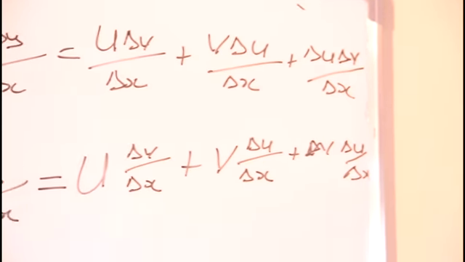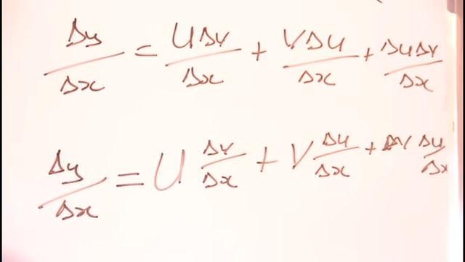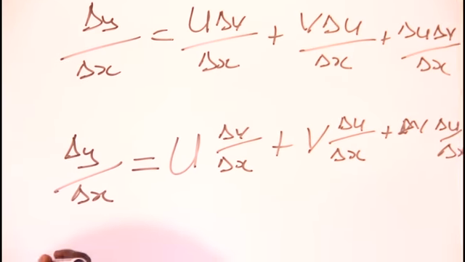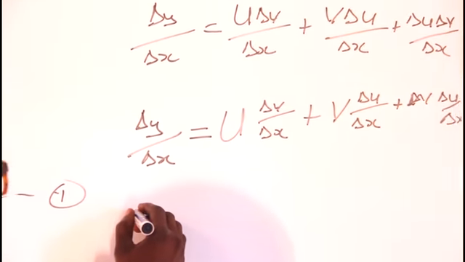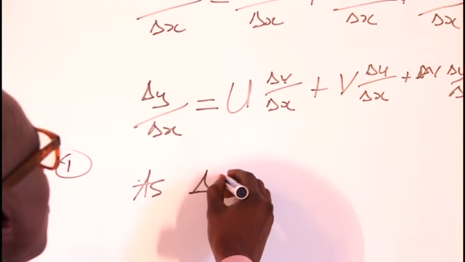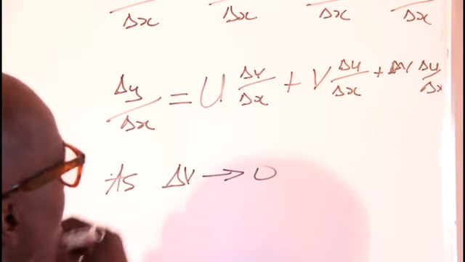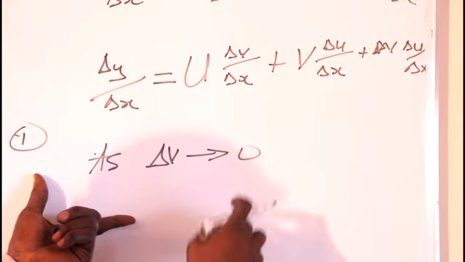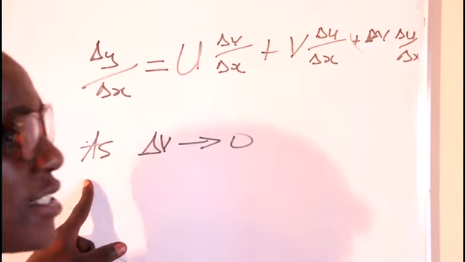Now we can take the limit as change in v tends to 0. The moment change in v is tending to 0, it will annihilate the last term.